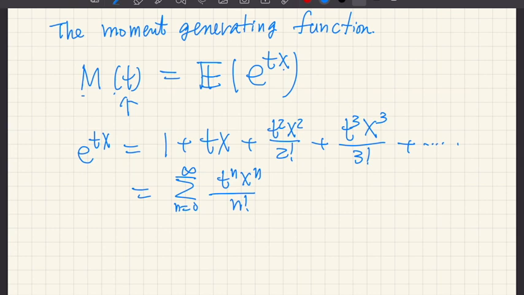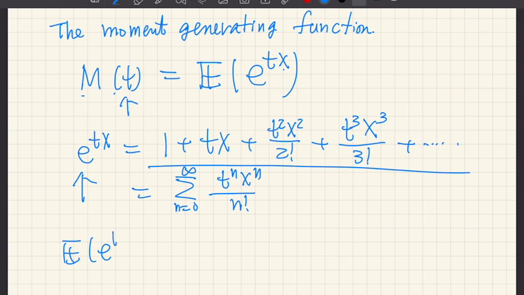So take the expectation value of both sides. This is the moment generating function, right? And on the right hand side we have this constant 1. The expectation value of a constant is that constant.